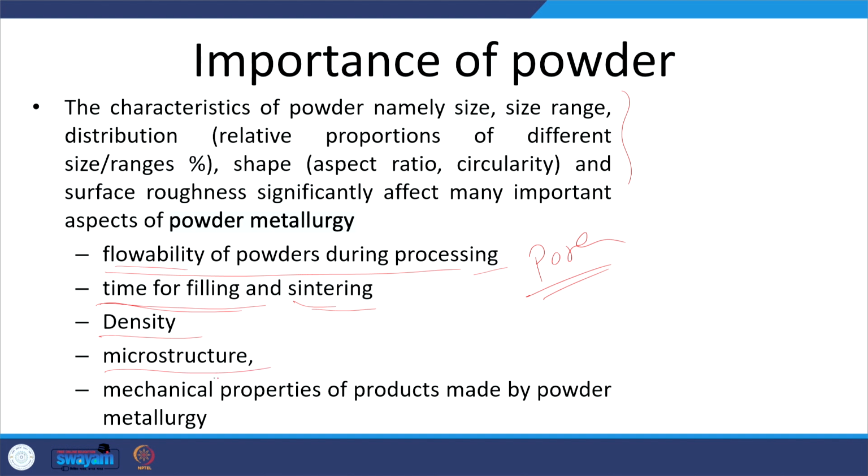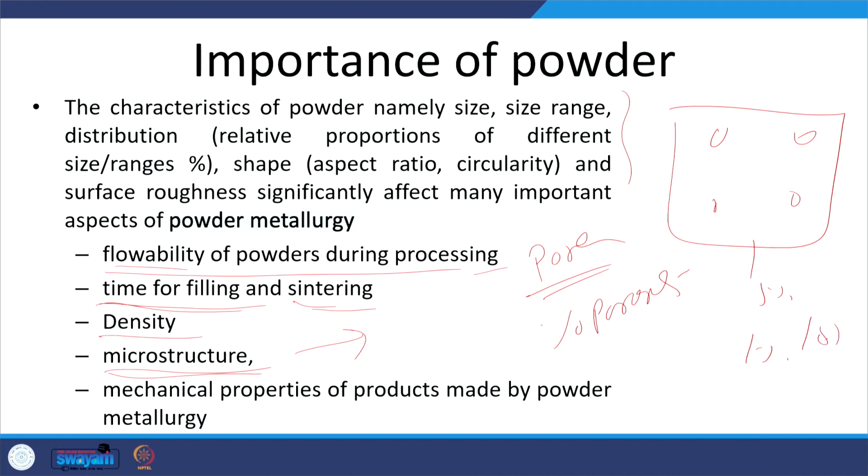The microstructure is also affected, which in turn affects the mechanical properties. So, microstructure basically will show what the percentage of porosity is. In a given volume, if the porosity is 5%, 1% or 10%, accordingly it will affect the mechanical properties.